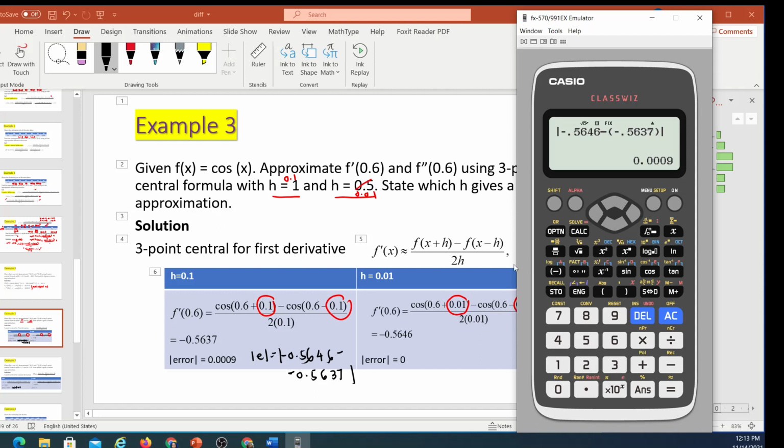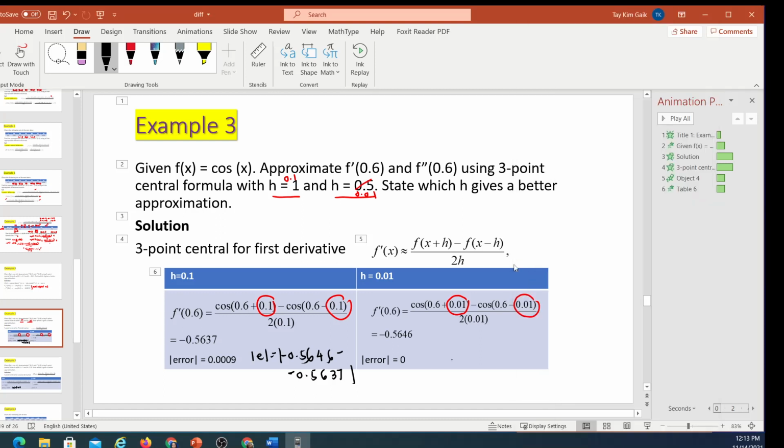Then for h equal to 0.01, the exact and the approximate values are the same. That's why the error is 0, because the error is exactly negative 0.5646 minus negative 0.5646.